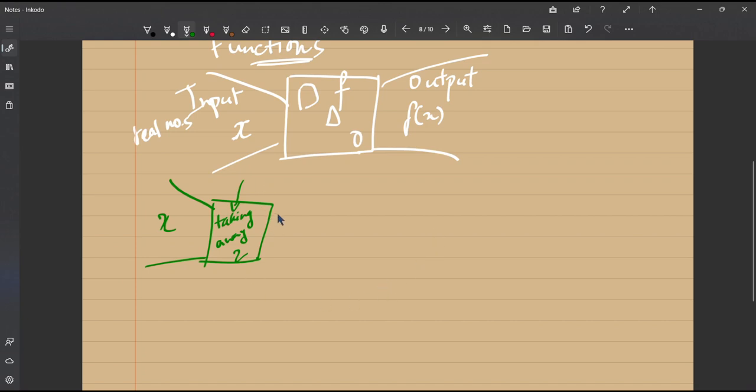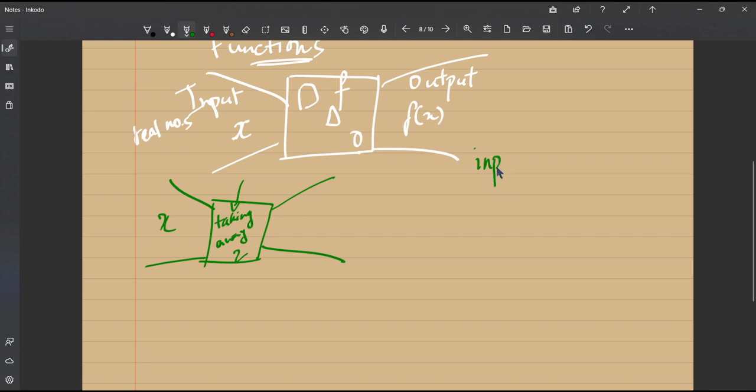If the process I'm giving is ambiguous, it might not be a function, and there are several non-functions out there we'll maybe see in future videos.